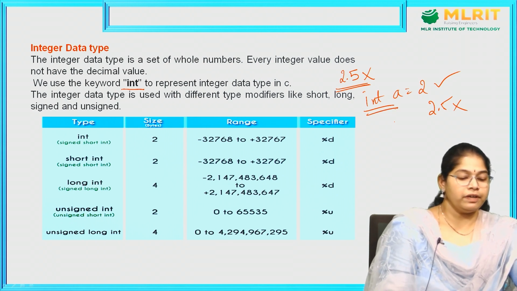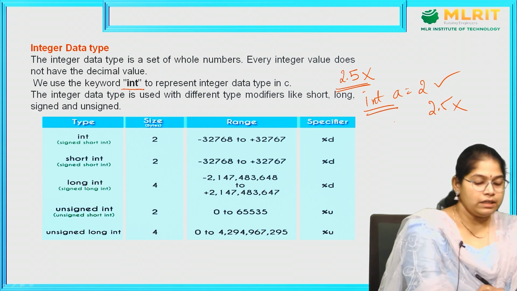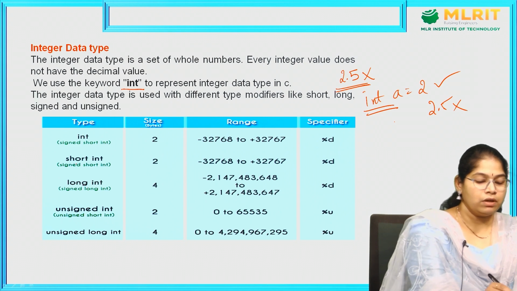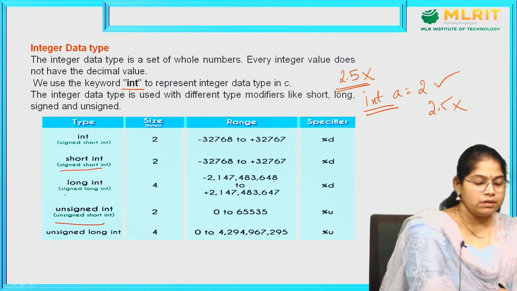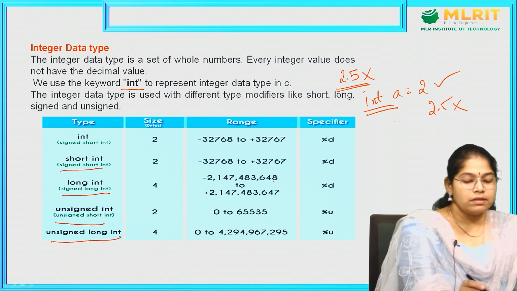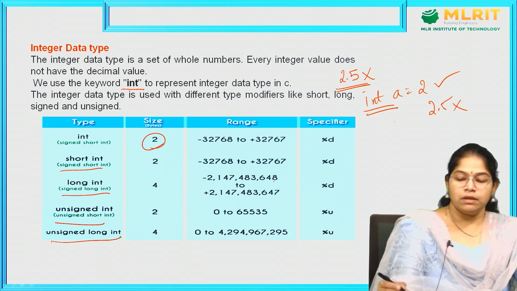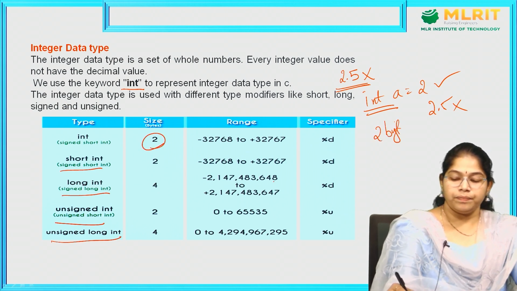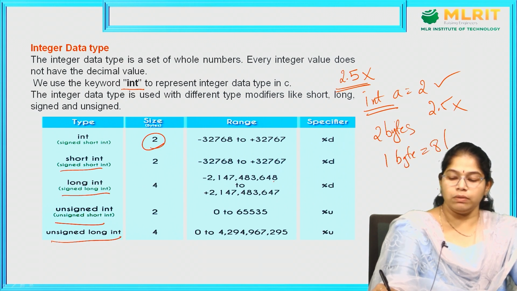The modifiers of int are four: signed short int, unsigned short int, signed long int and unsigned long int. The size of the integer data type is 2 bytes, where 1 byte is equal to 8 bits.